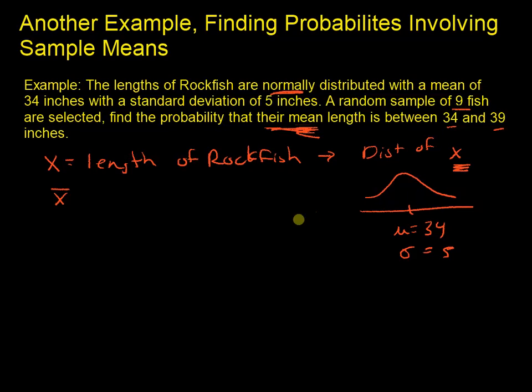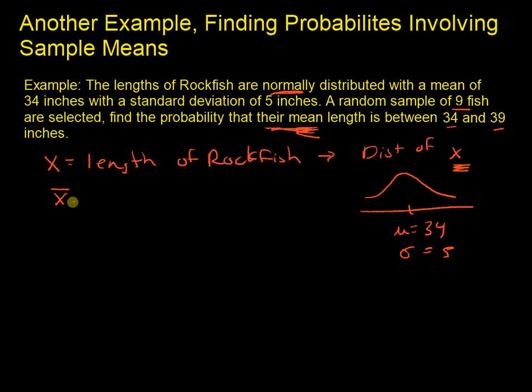And this makes a lot of sense: if the original data is coming from a normal distribution, then if I were to get a sample, it doesn't matter what the sample size is, even if the sample size is 1. Well, the original data was normal, so of course the distribution of any sample mean statistic that you were to calculate from those normally distributed data should also be normal.